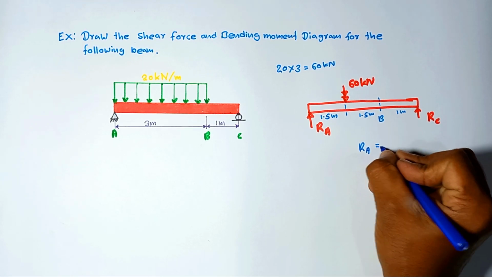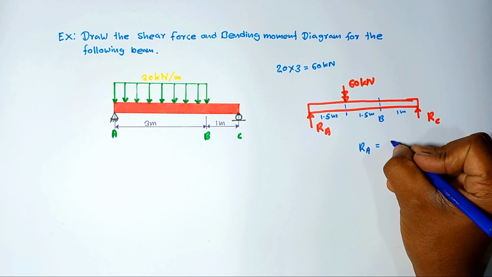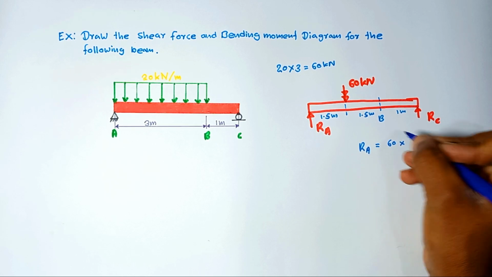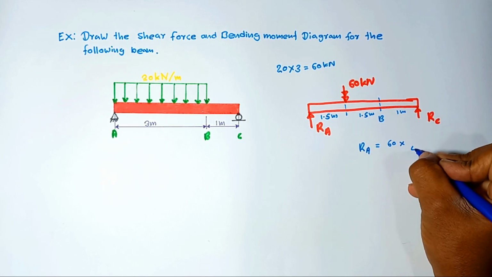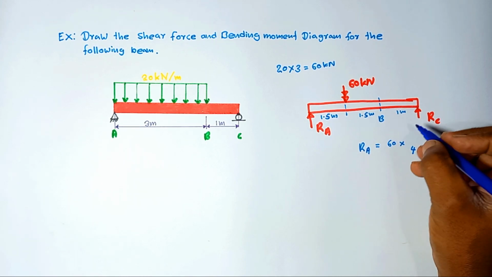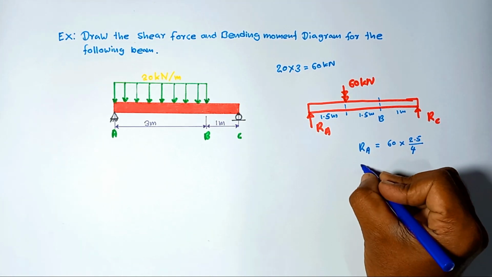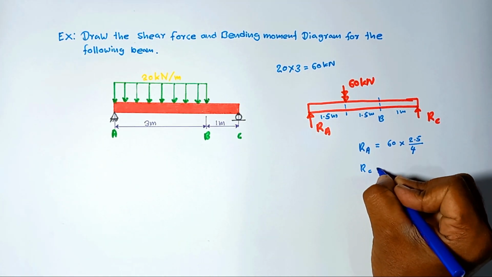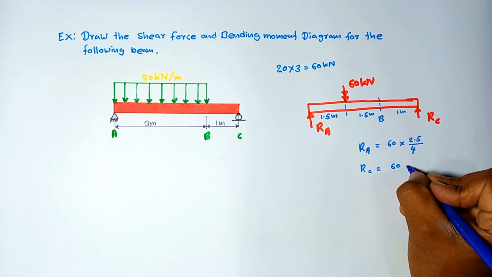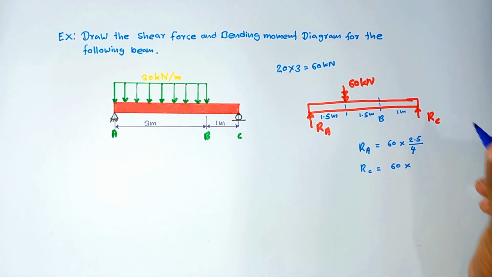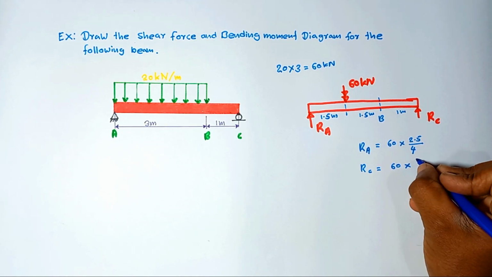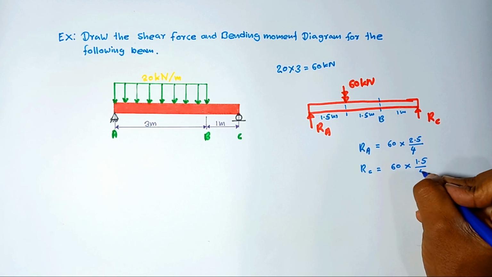Okay. So then we can write the value for RA. RA is equal to 60 into 2.5 divided by the total length 4. Then RC is equal to 60 into 1.5 divided by 4.